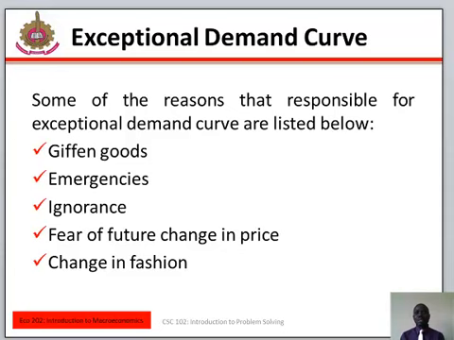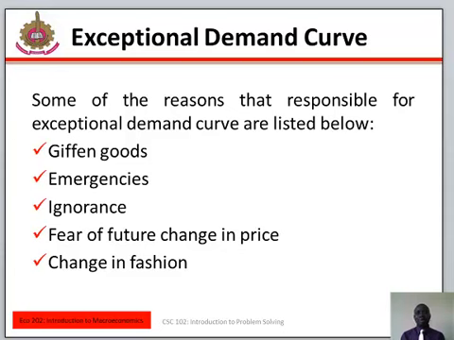When the price of maize increases, they will still buy more. So the rise in price of maize compels people to buy more maize, and therefore it results in an increase in the demand for maize. This is against the law of demand.